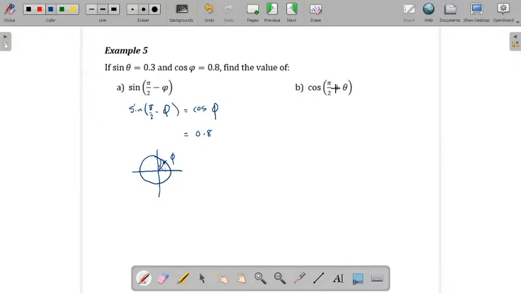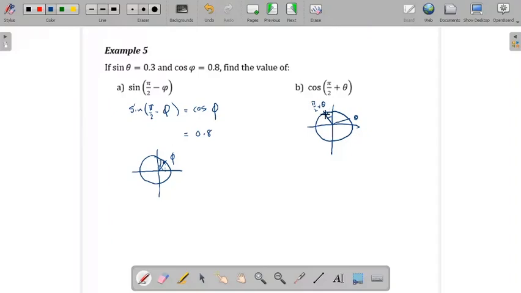However, in this one here, pi on 2 plus theta, so that's theta, then that would be pi on 2 plus theta. So the pi on 2 to there plus that angle theta there.